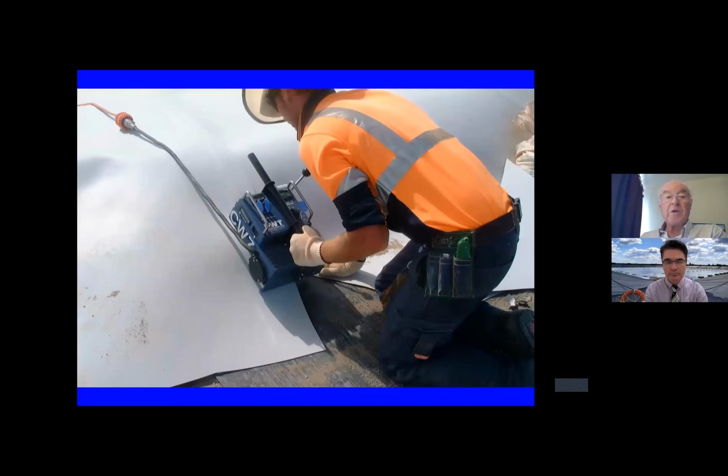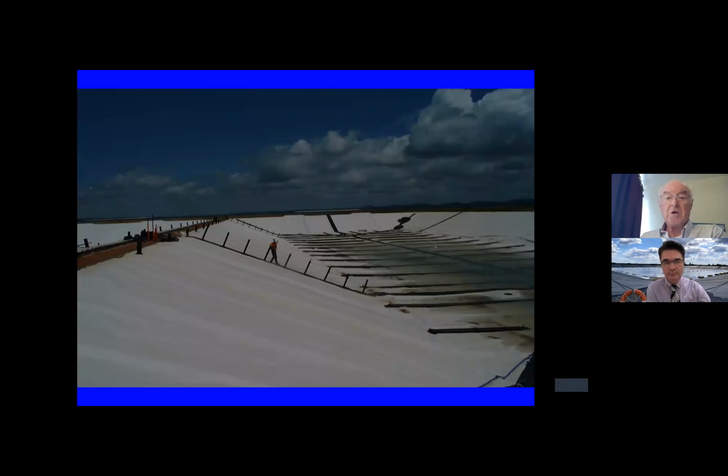Almost all of the welding was done using a double track wedge welder, except there was a little bit of extrusion welding needed around the edges of the tanks, as we call them, in places. It's another picture of one of the covers, and you can see the walkway.